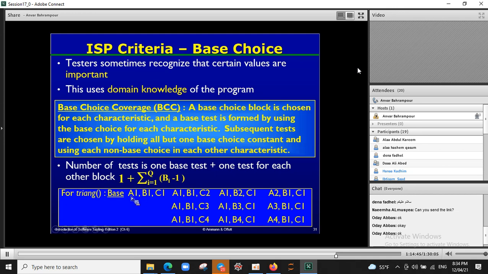Okay, so we could change this characteristic 3 more times, because for the first characteristic we have 4 blocks. One of them is selected in the base test, and 3 of them are not selected. A2, A3, and A4 are not selected at this time. So we could make 3 extra test cases by changing this first characteristic.